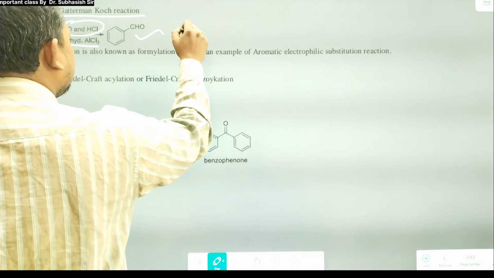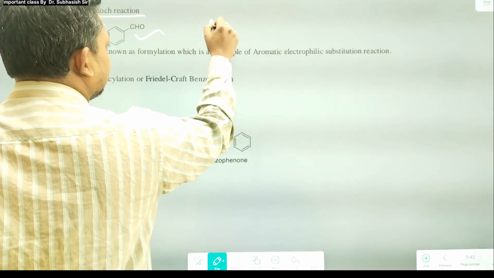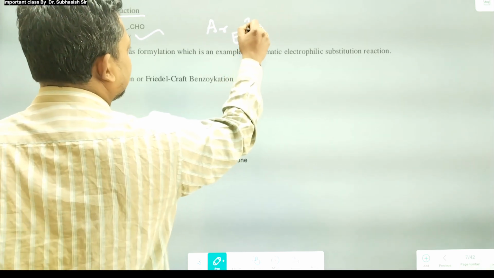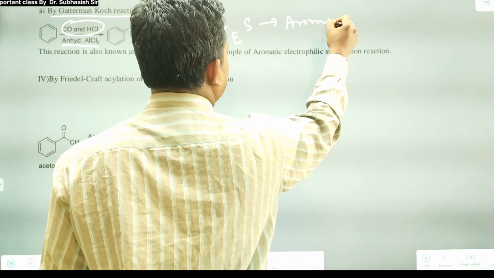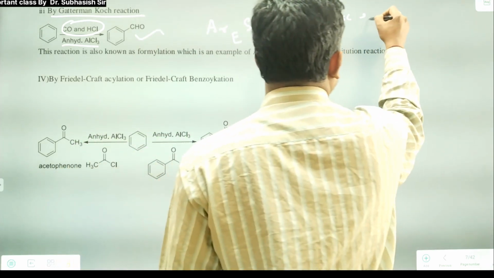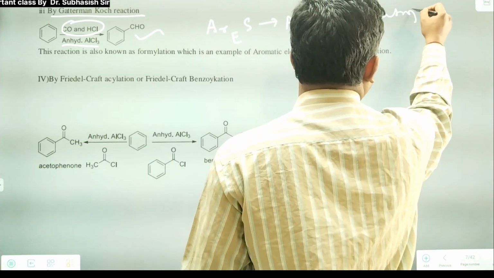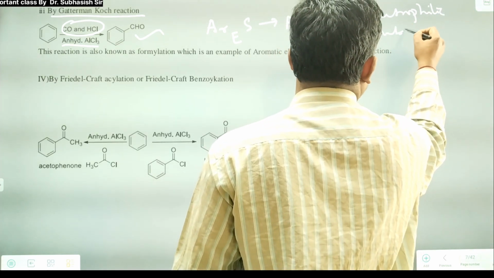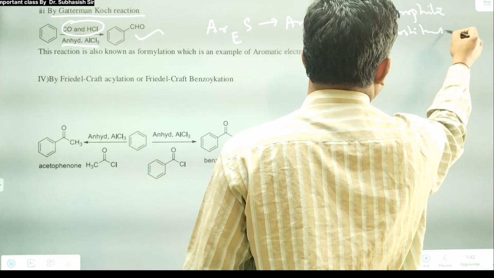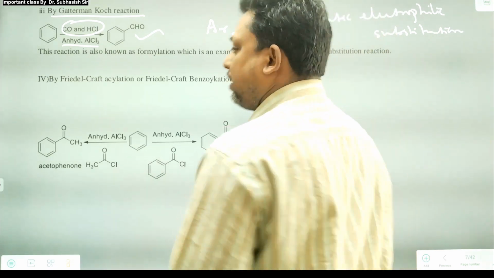And this reaction is an example of aromatic electrophilic substitution. AR stands for aromatic, E stands for electrophilic, S stands for substitution. So aromatic electrophilic substitution reaction.